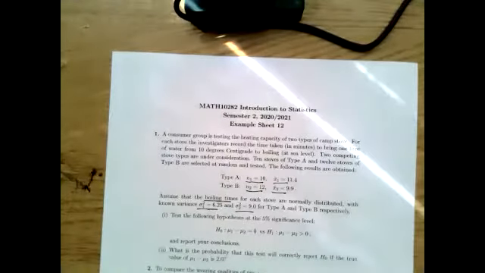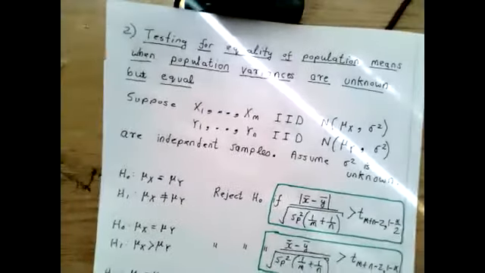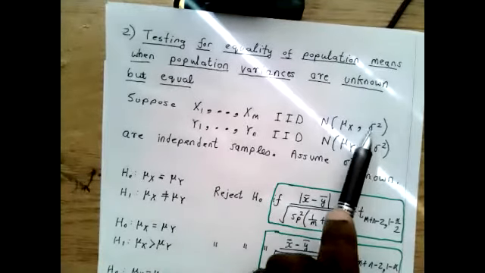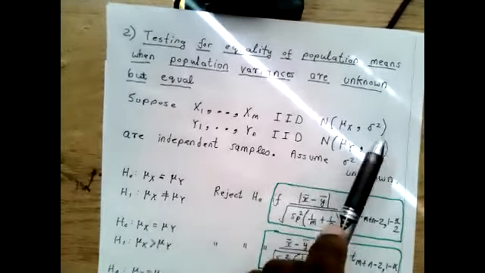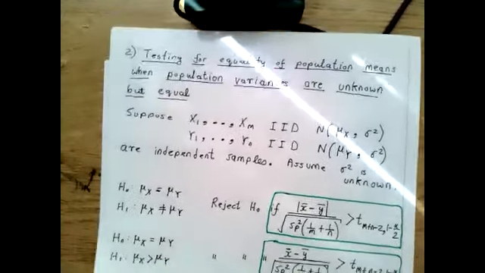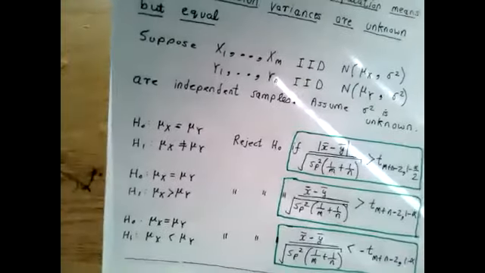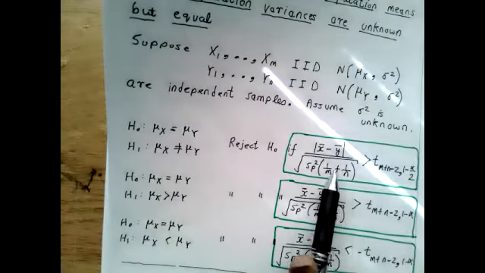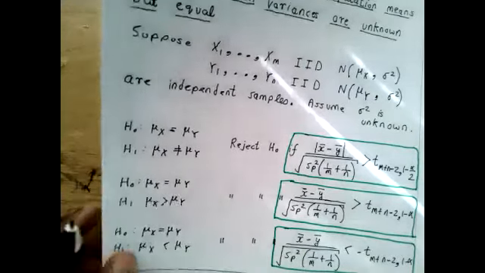And then there's the second case. This is the second case. Again, we are testing for equality of population means, but this time the 2 random samples have the common variance, which is unknown. In this case, the rejection rules for the 3 sets of hypotheses are these 3, right?